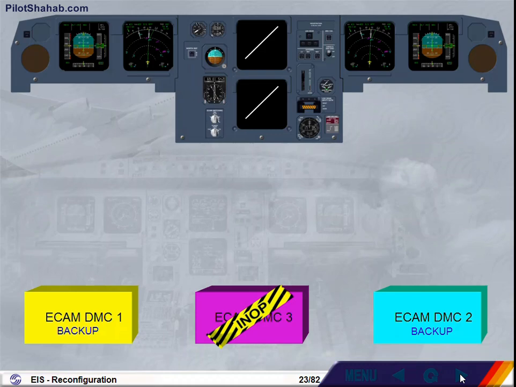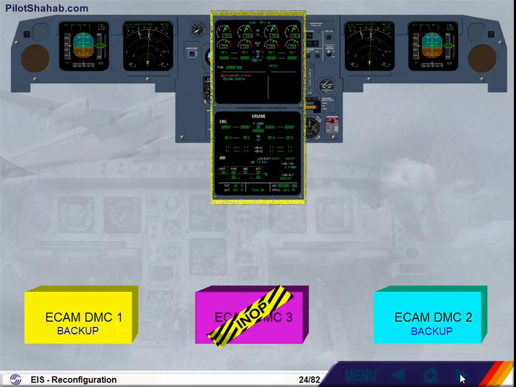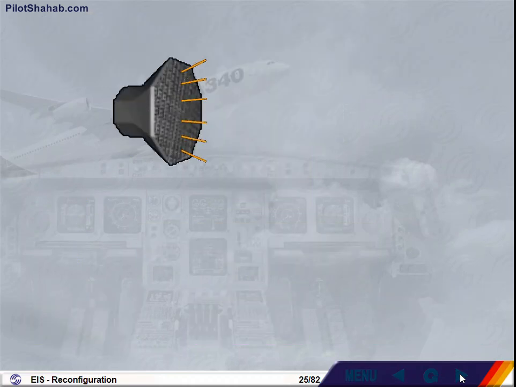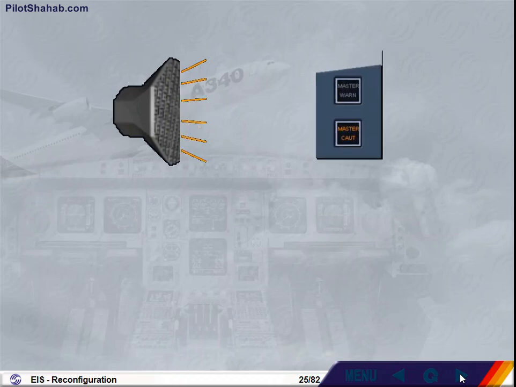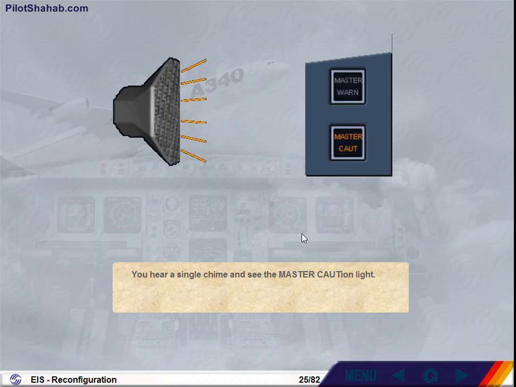But in the meantime, ECAM DMC-1 has automatically replaced ECAM DMC-3 in order to recover the system information as soon as possible. You hear a single chime and see the master caution light. Cancel the master caution.